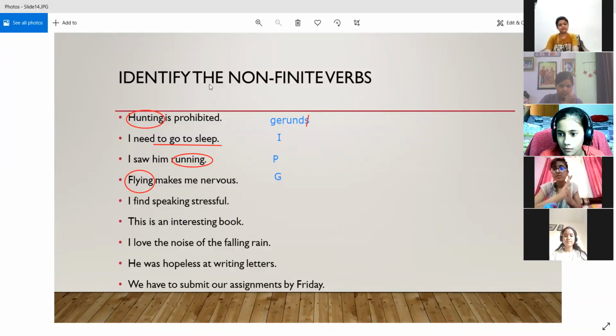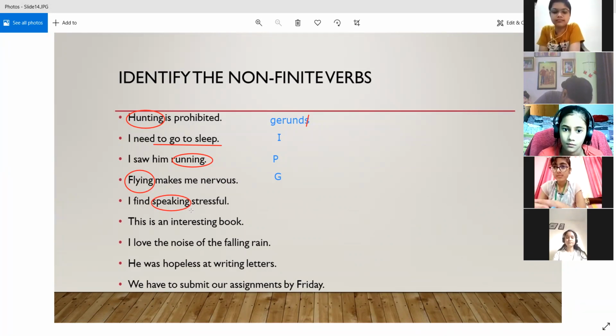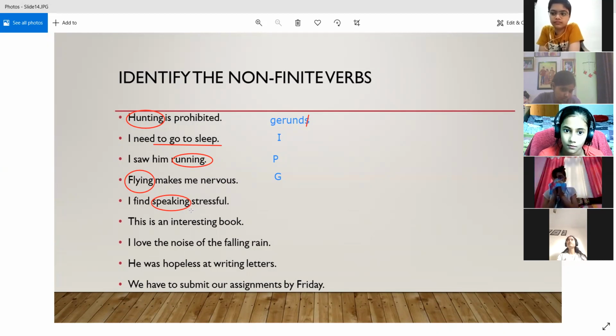Okay. So basically what is happening over here is that we want to know what I find stressful, and that is speaking. I find speaking stressful. So it is playing the role of a noun again. See, the basic difference you can make out just by seeing whether it is acting as a noun in the sentence or not. I find what stressful? You find things stressful. This thing is very stressful. That thing is stressful for me. Right? So it is acting as a noun.